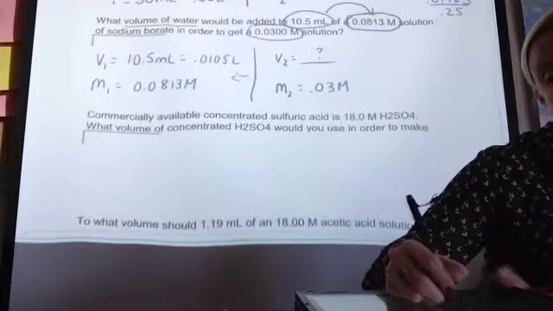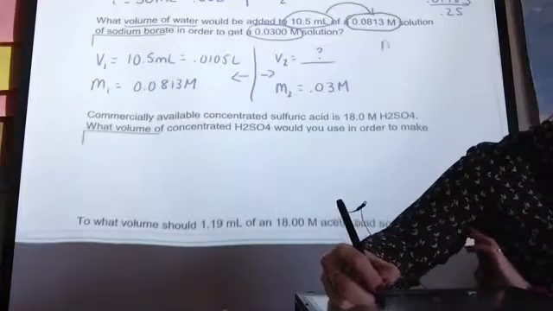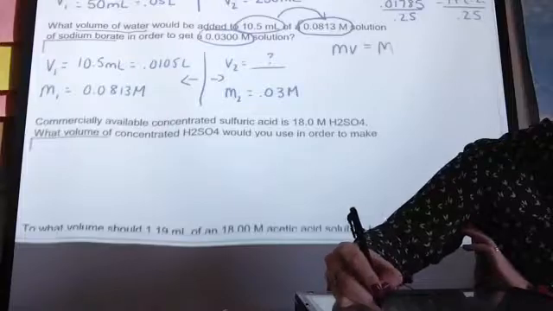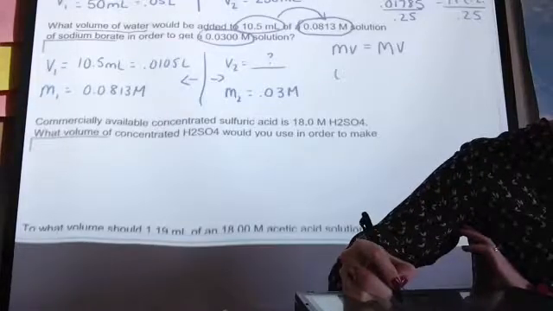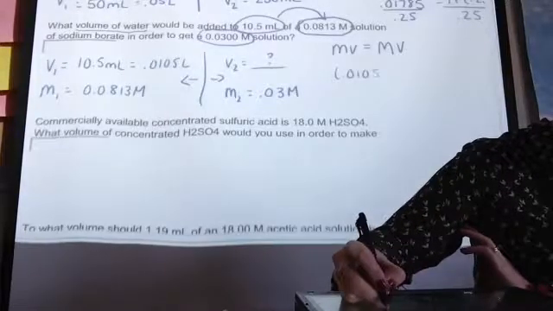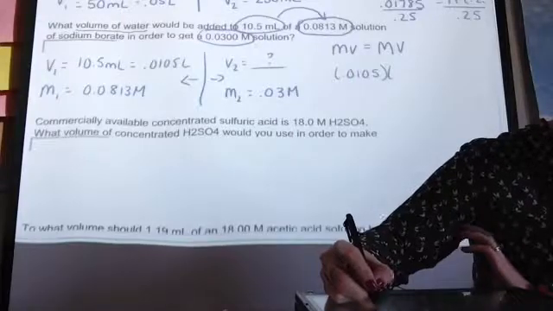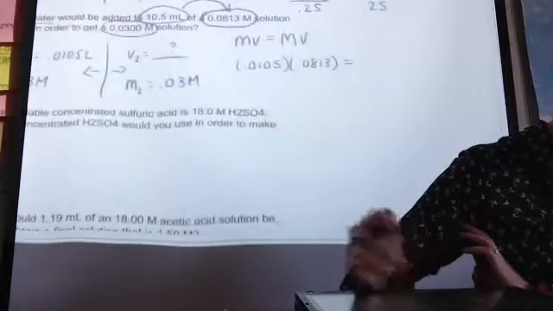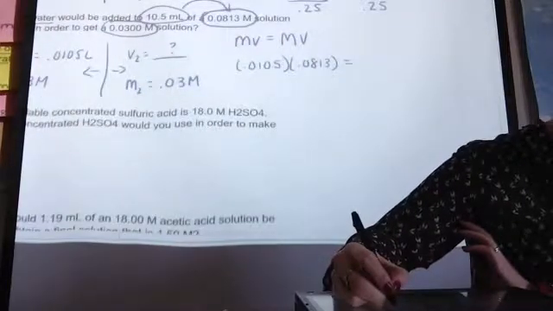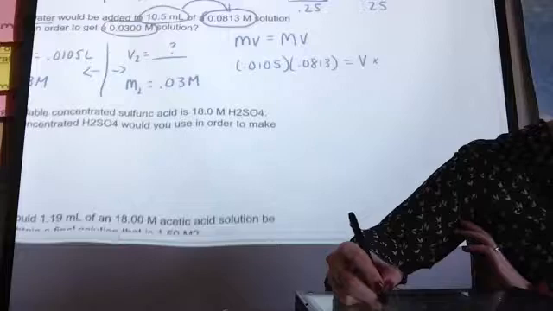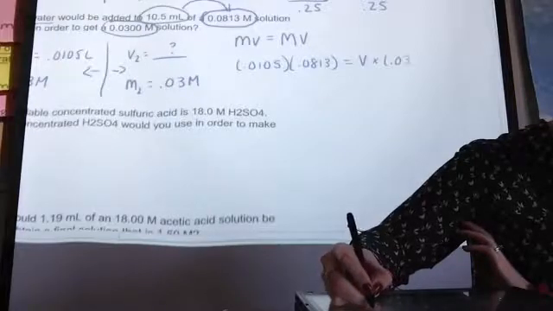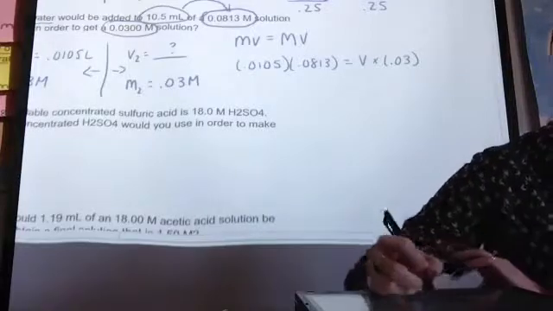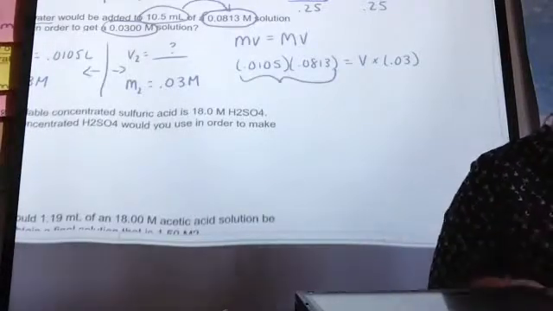Again, left, right, MV equals MV, 0.0105, 0.0813. I do one step at a time so that I make fewer mistakes, so I'm going to multiply these together first.